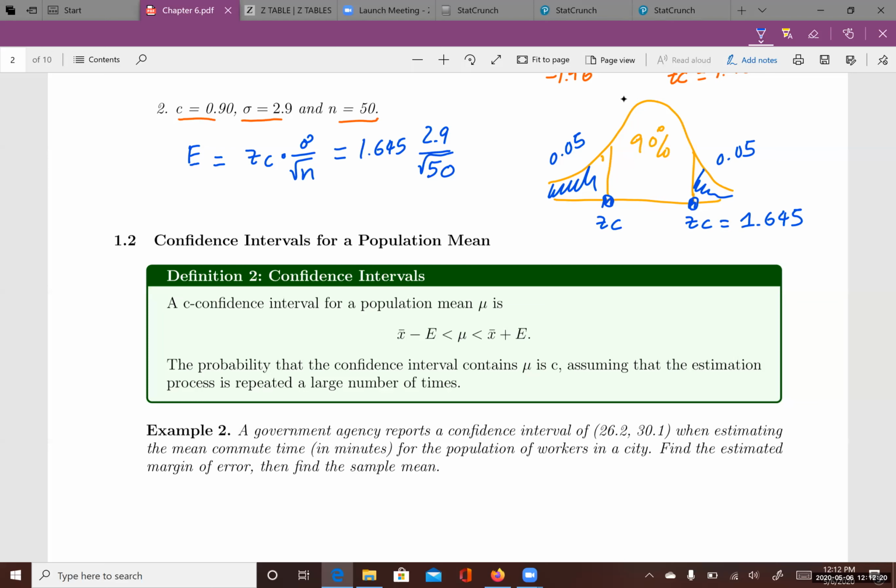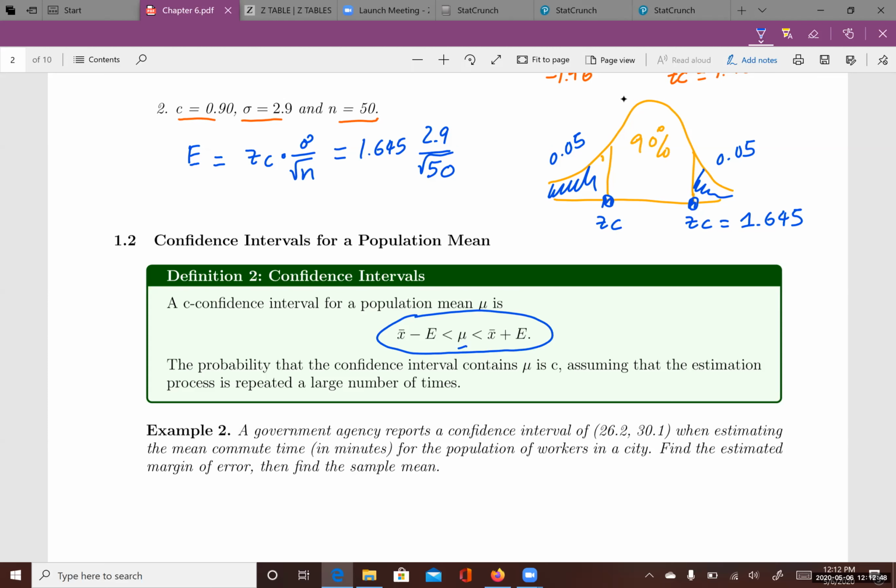Once you find the margin of error E, then you can use the sample mean and the margin of error to construct a confidence interval for a given level of confidence. So by definition, a c confidence interval for the population mean mu is given using this formula here.